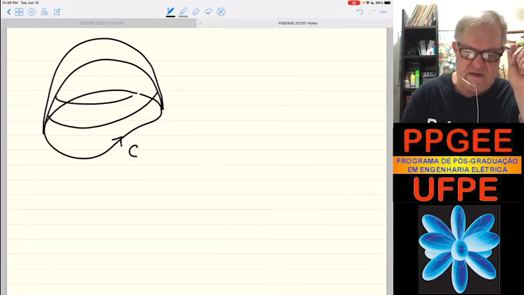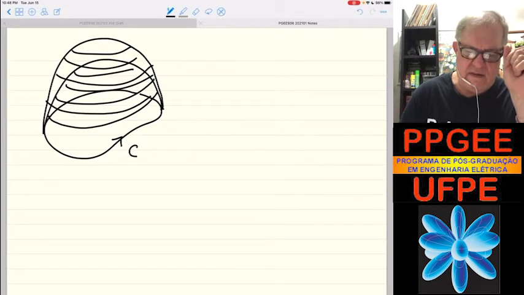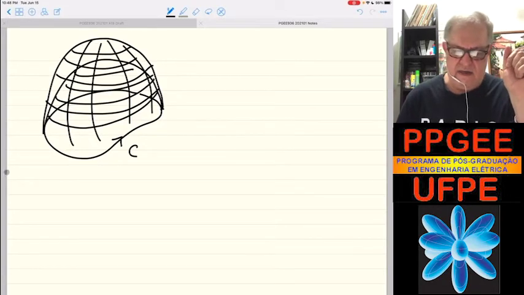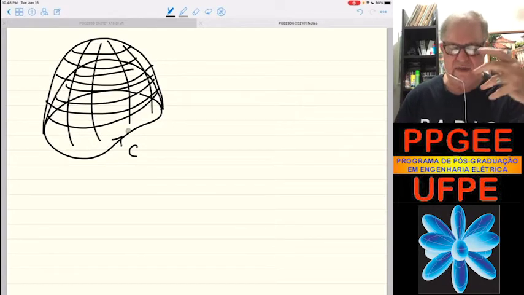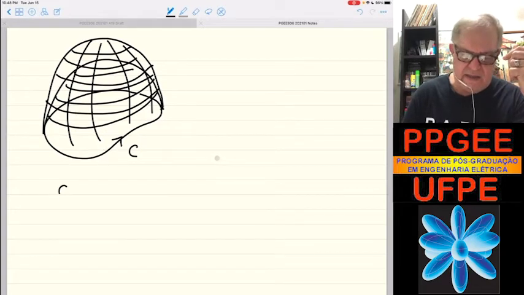Okay, that's one surface. There's another one; they have in common the same bounding curve. The border of the surface is C. So I can calculate the circulation of H through C.